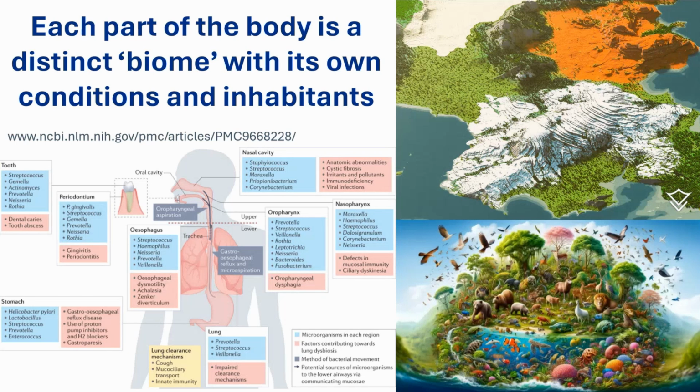In the body, you could think of it like a river. You've got food coming in at the top, passing through different environments as it goes down your throat, stomach, intestines, and then the other end. And everything that comes in has an effect.